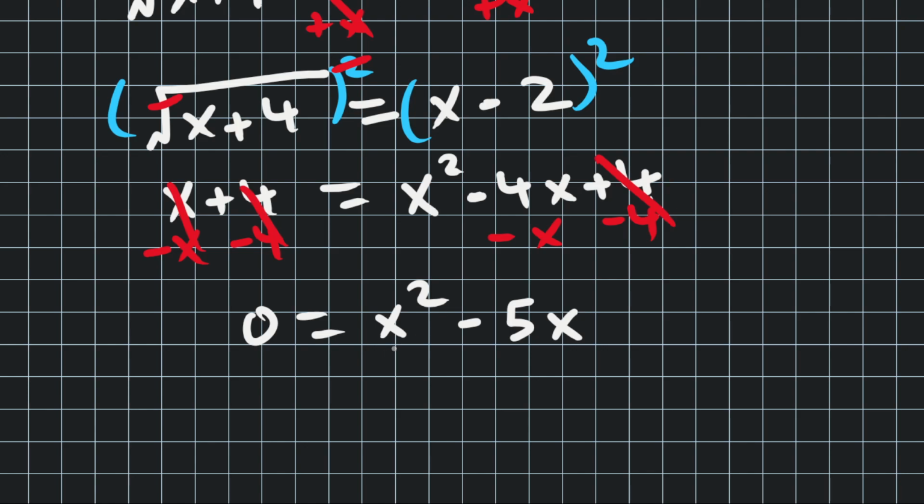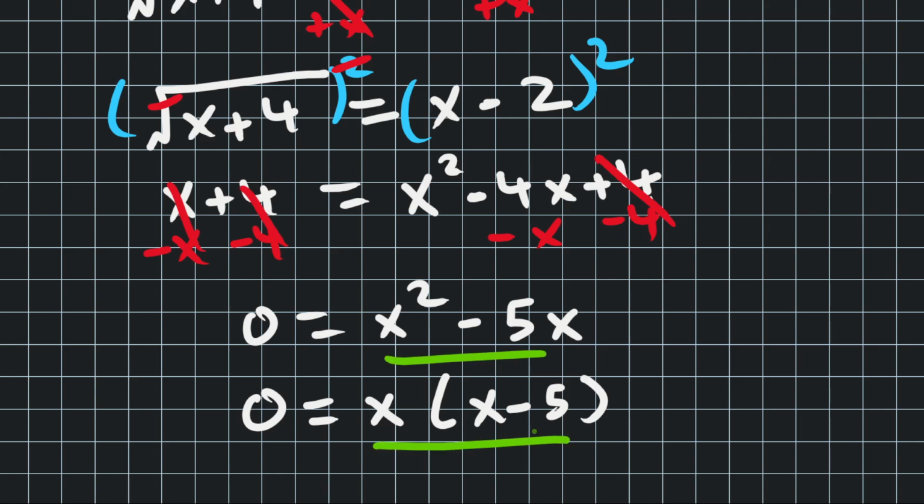So we have x squared minus 5x equals 0. Perfect. So what we can actually do now is factor an x out of here. So x times x minus 5. We can go from here to here by factoring an x out. So we have x times x minus 5.